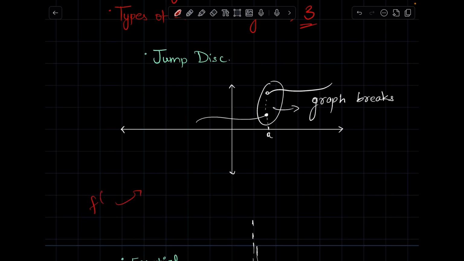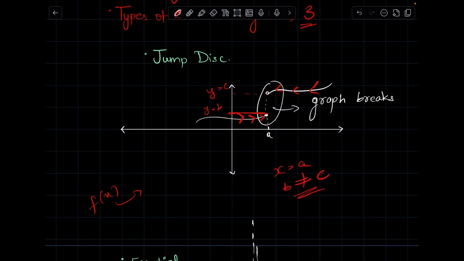Let's say you have f of x here, and at x is equal to a, when you approach from the left-hand side, you see that your number at y is this. And when you approach from the right-hand side, let's say this is y is equal to b, your number converges to something, let's say y is equal to c. And it's very clear that b is not equal to c.